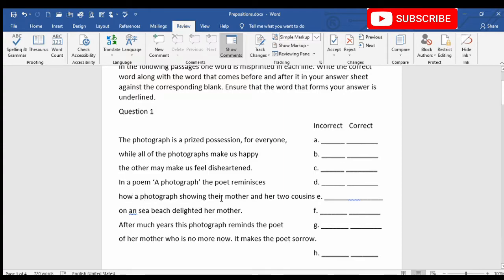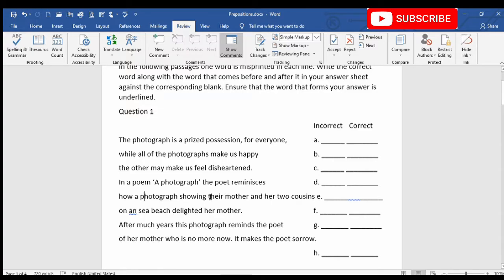How a photograph showing their mother and her two cousins. So you see here, where is the mistake? How a photograph showing their mother. Their mother means whose mother? Don't you think that the mistake is here in the adjective?